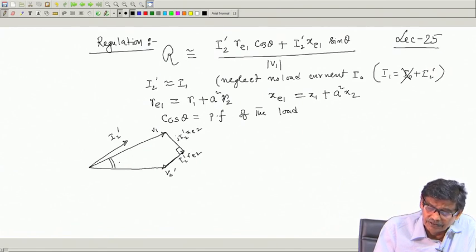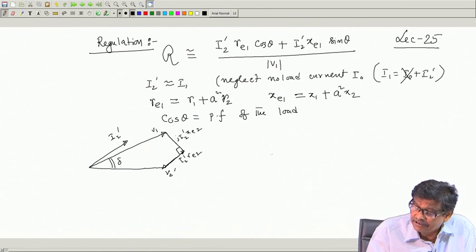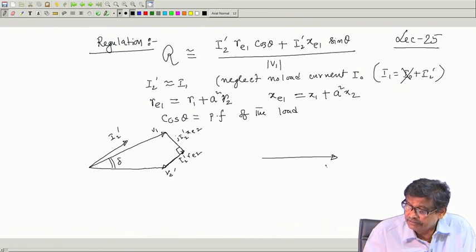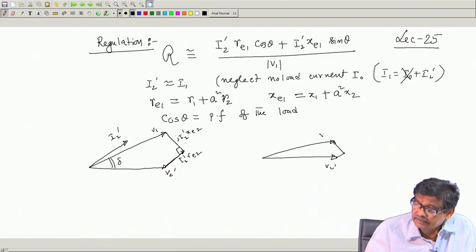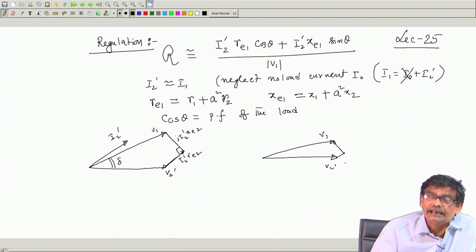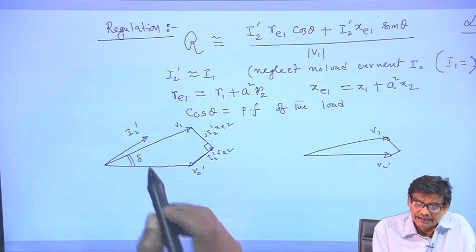This angle delta is small. This is V1, the actual thing, but drawn on a larger scale so that I understand every component.